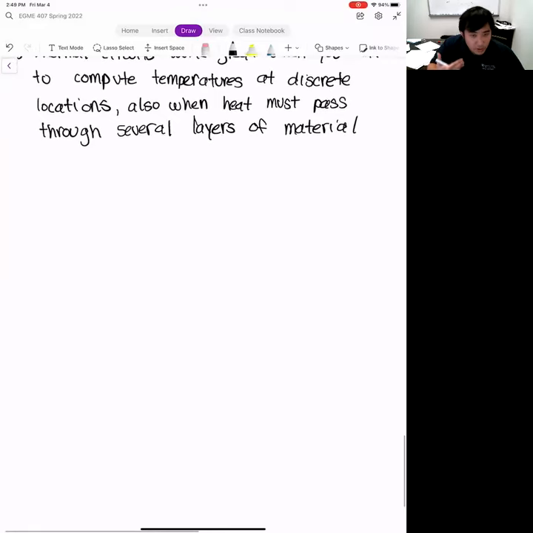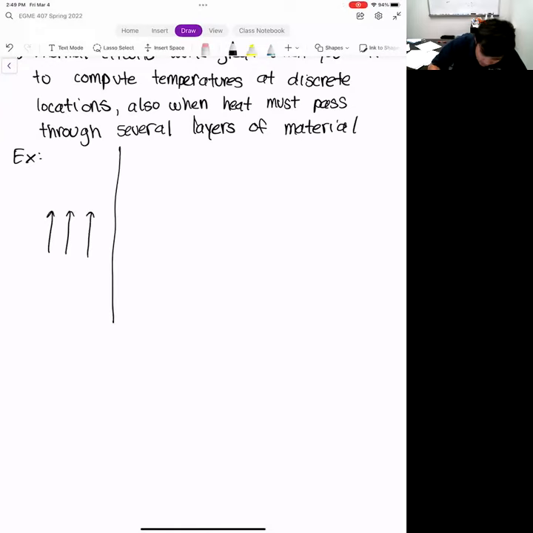Right, because each layer of the material can be represented with a thermal circuit. And so this is a schematic that we saw in class. Okay. And so let's say that we have a situation where we have convection on the left side. Okay, so we'll call this h1, T infinity 1.